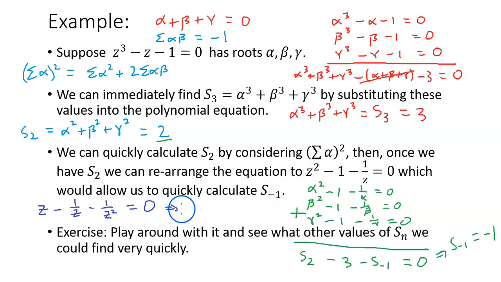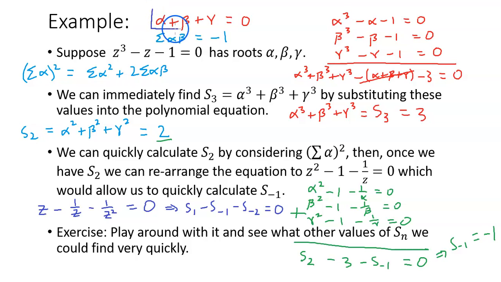And so if you substitute in alpha, beta, and gamma again into this equation, you can get S1 minus S negative 1 minus S negative 2 equals 0, from substituting in alpha, beta, and gamma and then adding them all together.